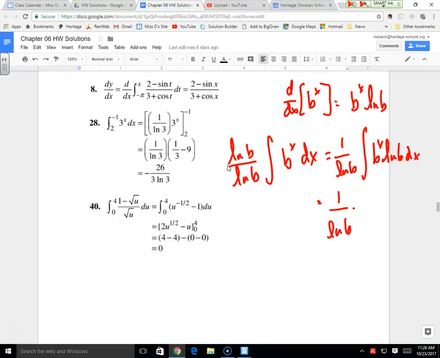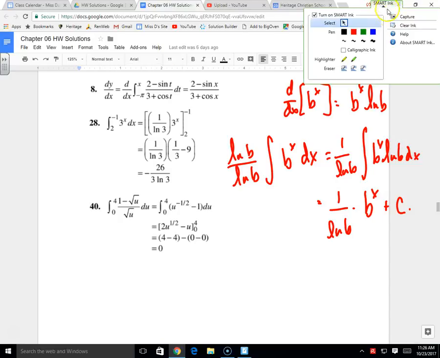You can think about it that we're dividing by the constant, or you can think about it that we're multiplying creatively to get our rule, and then whatever's left over is going to be at the end. Does that make sense? So I needed the ln of b, so I multiplied creatively, brought them in, that way I had the rule, that way I could go back. Any other questions on these ones? And then 40 was 0, yeah? Okay.